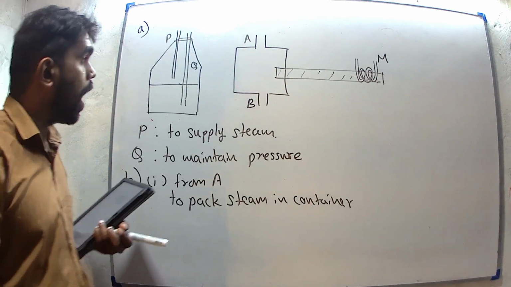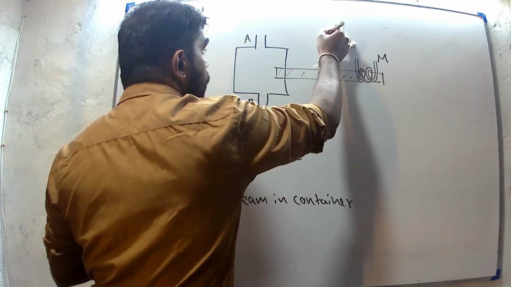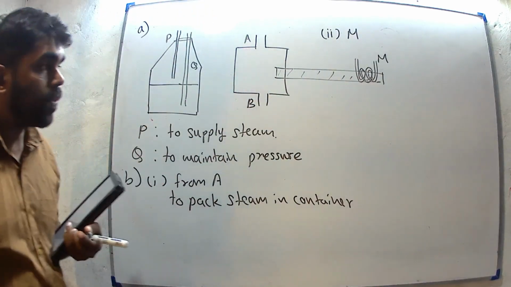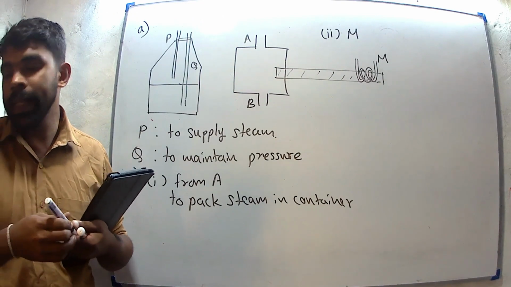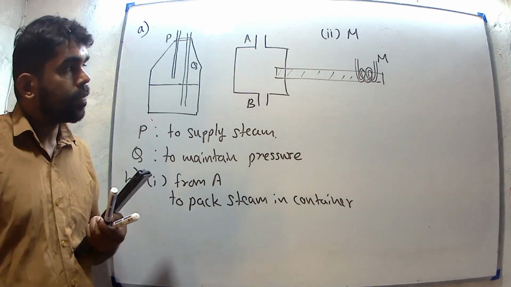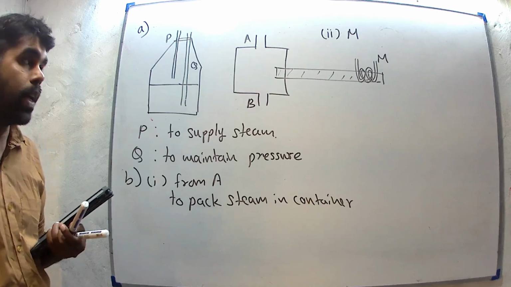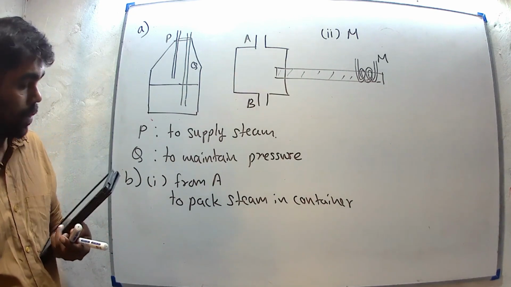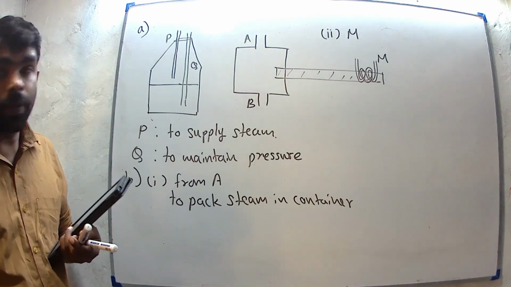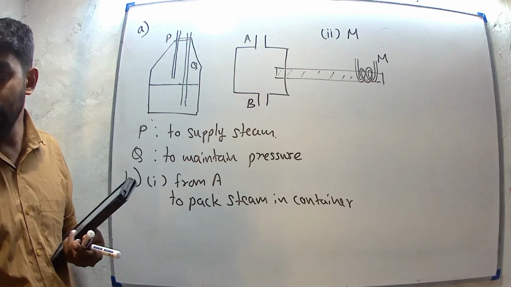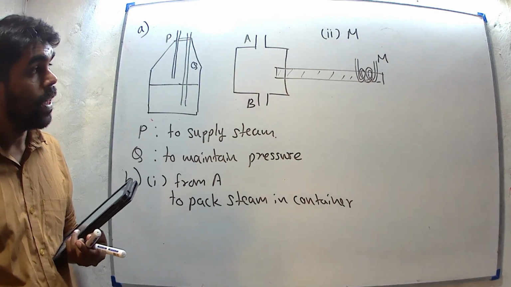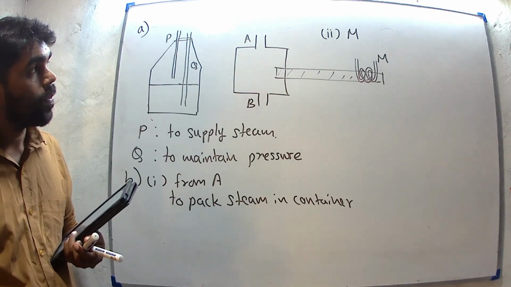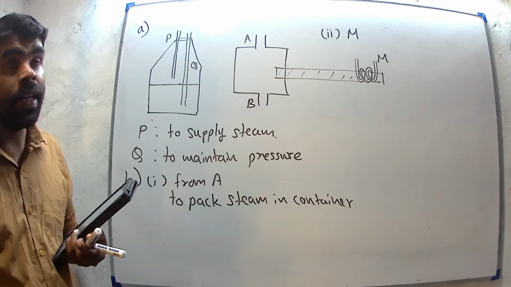Then we can write the answer for part 2: M, because we have to maintain a steady condition. It should have a steady heat flow. If we are using L to insert water, it will never give a steady condition.